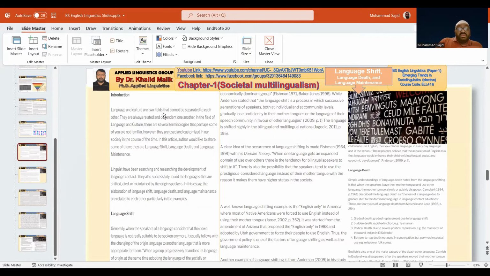Language and culture are 2 fields that cannot be separated from each other. They are always related and dependent on one another. In the field of language and culture, there are several terminologies that perhaps some of you are not familiar with.